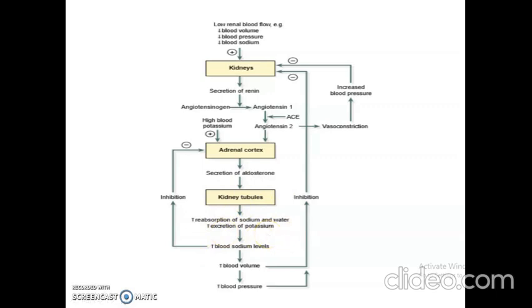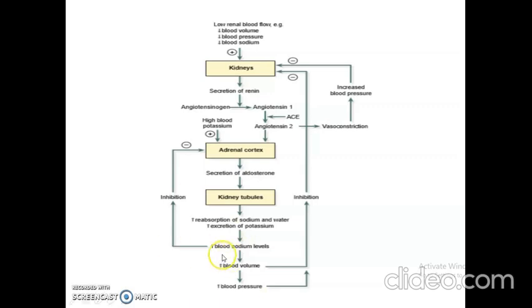So what is the net effect? It increases water level, increases sodium level in the blood. At the same time, it excretes the potassium in the urine. The net effect is normalization of the blood volume as well as the sodium level in the blood.